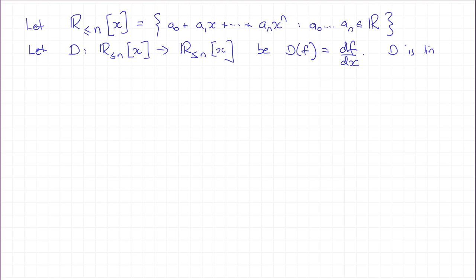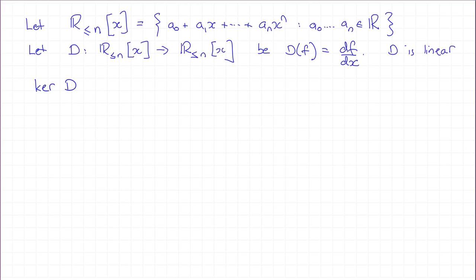Then, as we saw in our last video, D is a linear map. So the fact that D is linear just comes from ordinary properties that you know to be true of differentiation. So ordinary differentiation rules tell you that the differentiation map is a linear map. We're going to investigate the kernel and image of this differentiation map.